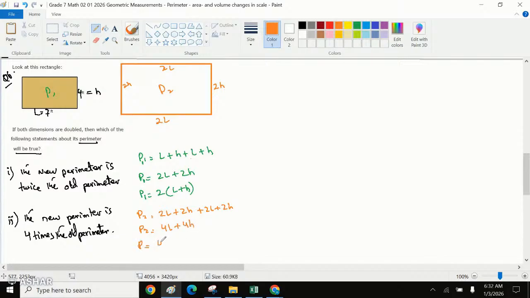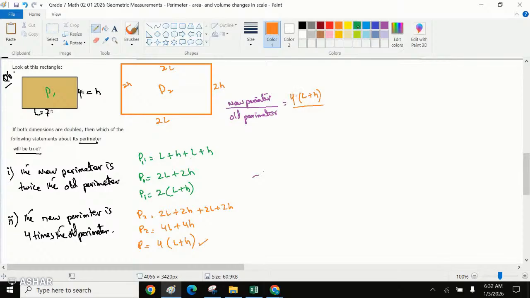Can we take 4 common? Can we say 4 times (length plus height)? Now we need to find the ratio. So in order to find the ratio, we say new perimeter divided by the old perimeter. That should be equal to 4 times (length plus height) divided by 2 times (length plus height).